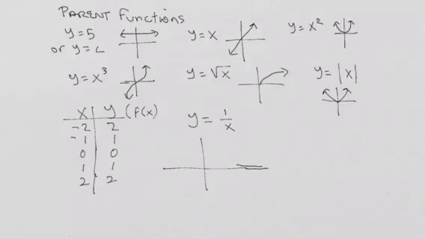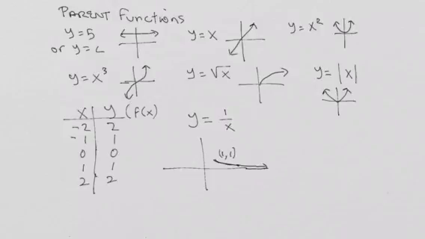It stays positive, but it gets closer and closer to 0. When I let x equal 1, then I have y equals 1 over 1, which is 1. So then it hits this value, 1.